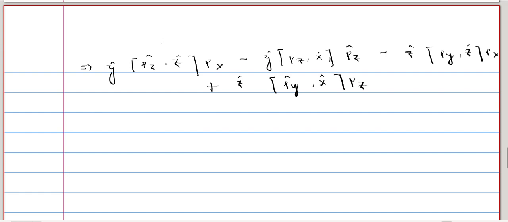We know this is valid. This is 0, this is 0, and this also is 0.